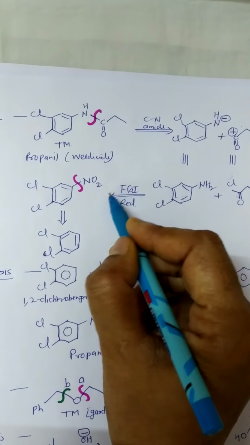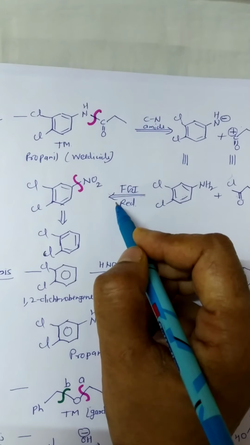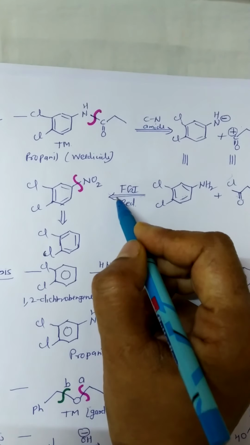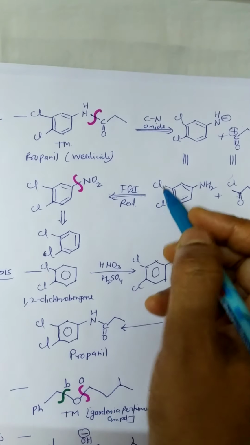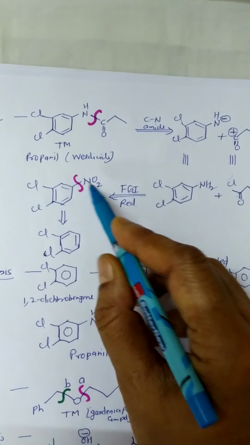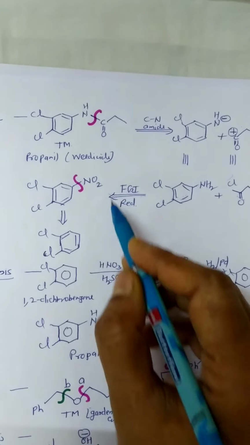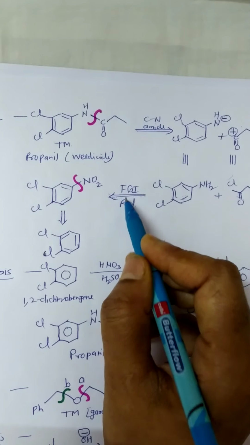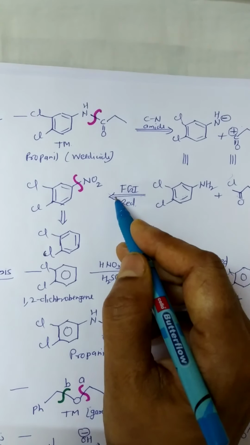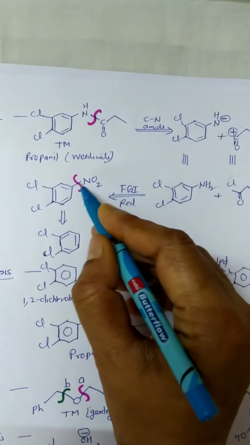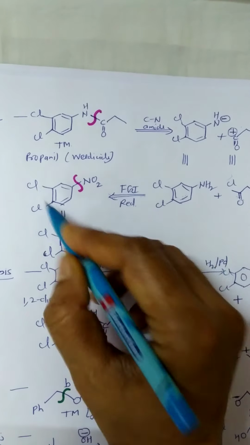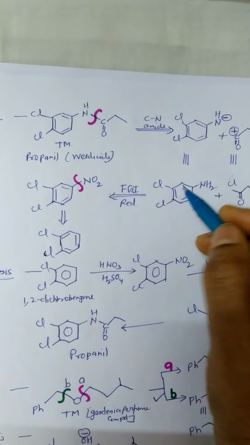Here we write reduction in this direction, but it is not true. Reduction is in this direction because on synthesis we go from this one to this one. Therefore, in disconnection it is written as the reverse, opposite. Here we disconnect the nitro group in place of the amino group.